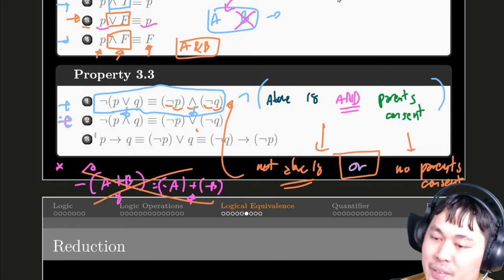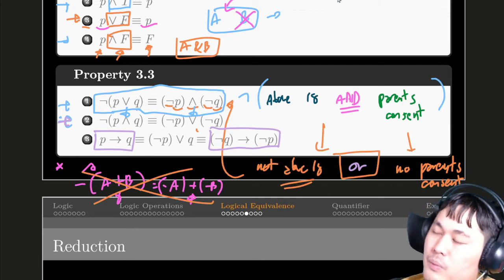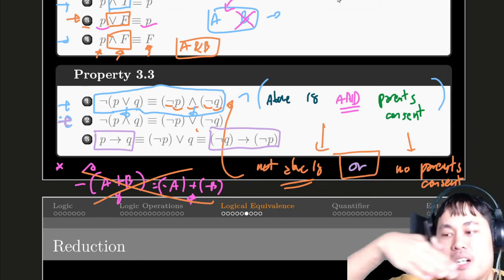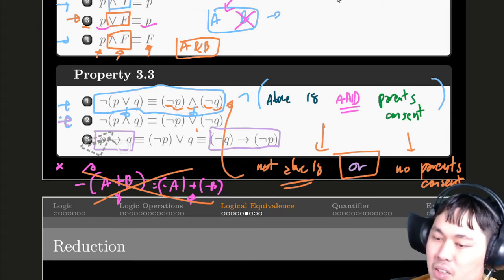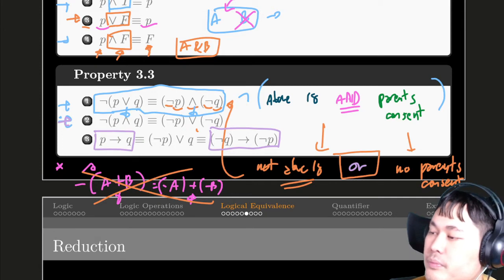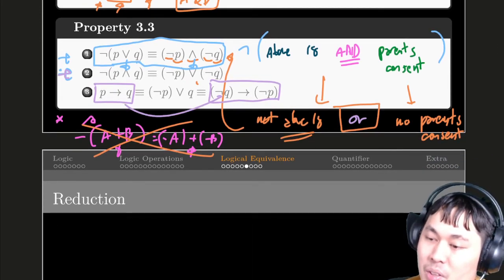And lastly, we have the if-then, and this is what we talked about twice, about that example and the card example. P then Q is equivalent to not Q then not P. We're going to go back to the middle one for a moment.